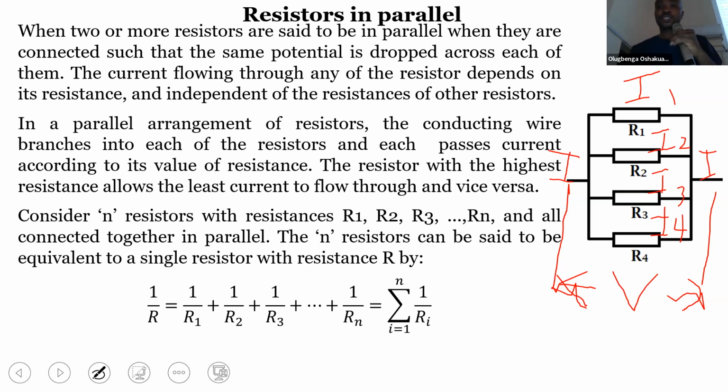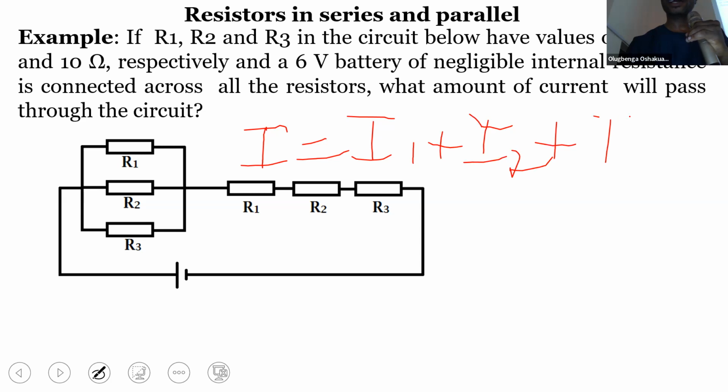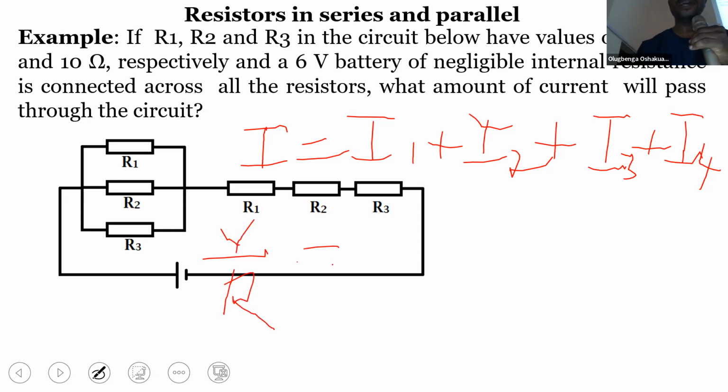Then it is easy for us to say that I is equal to I1 plus I2 plus I3 plus I4. From Ohm's law, I is equal to what? V over R. For I1, it is V over R1.